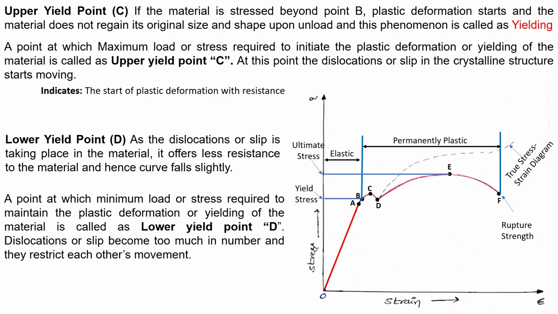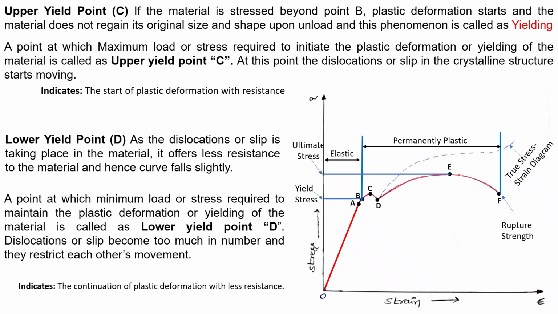That is the reason why the material does not regain its original shape and size after the removal of the load. So here dislocation and slip are generated, so it is very difficult for it to come back to its original state. So lower yield point indicates the continuation of plastic deformation with less resistance.